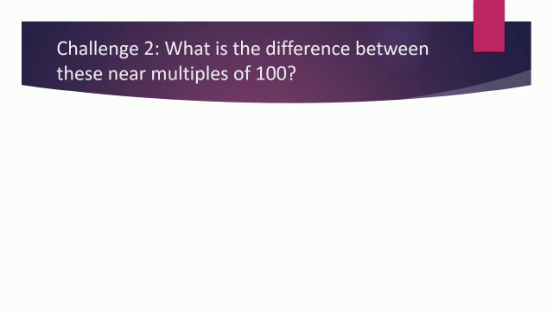Okay, you can see on your book there are the questions of difference. Part A, 702 minus 695, as these are near multiples of 100, and we have to subtract 695 from 702. Now you will write it vertically like this: 702 and 695.